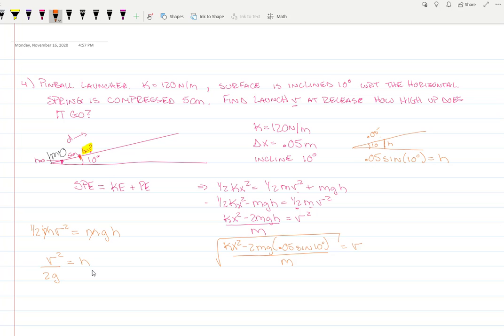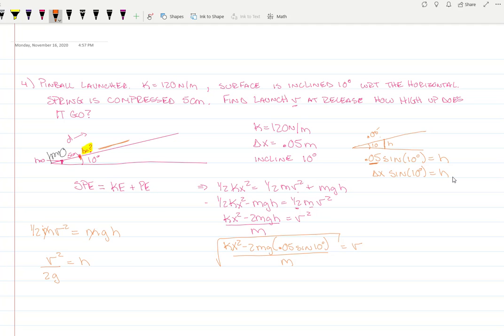Well, it wants to know how far up the ramp I went. So that's going to be this distance here, this actual displacement. So to find that, what do I need to do? I know that h equals, this is my displacement, so this would be like my delta x, or delta y, or whatever you want to call it. So my delta x sine of 10 equals h.